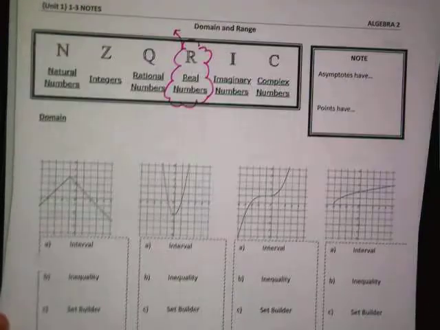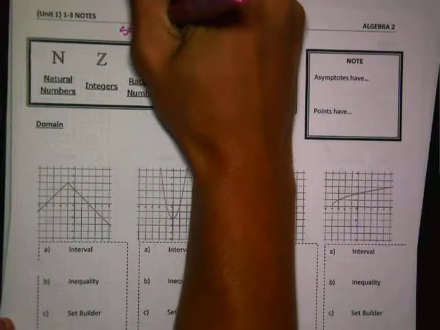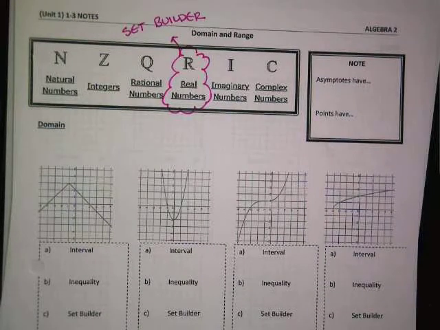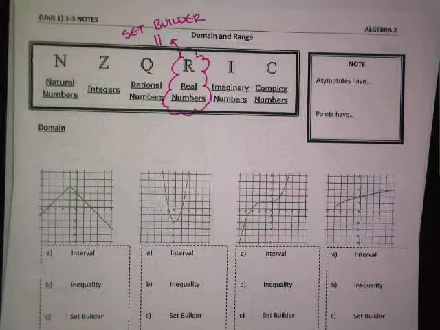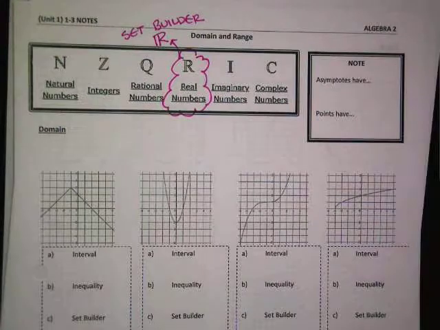You are only going to use this R for set builder. All right, so set builder notation is when we're going to see the R. And the way that you write it, you do 2 lines and then the R. And the reason why you write it that way is because you have to make it kind of bolded.